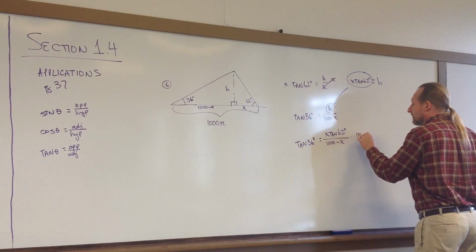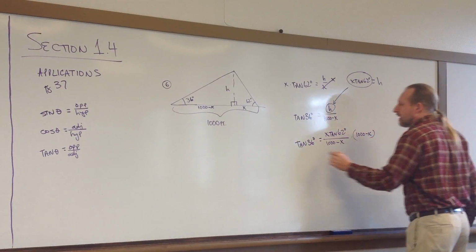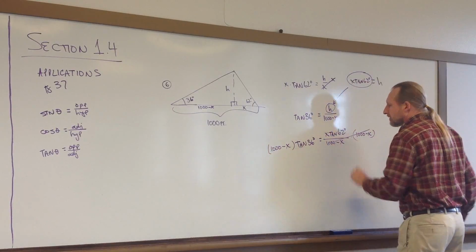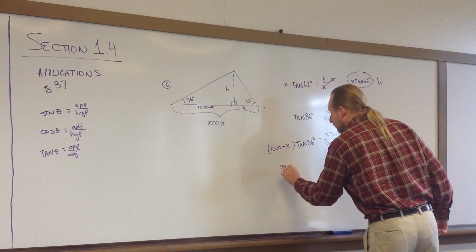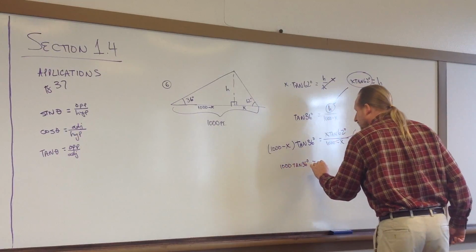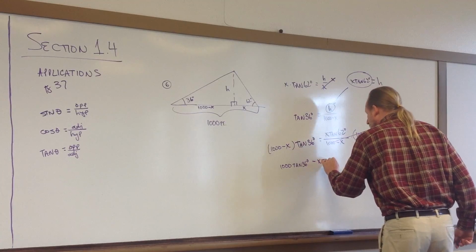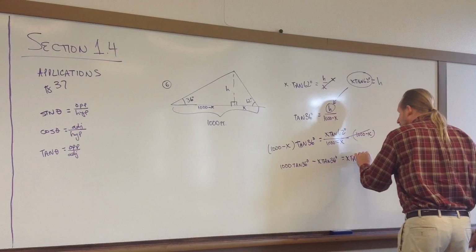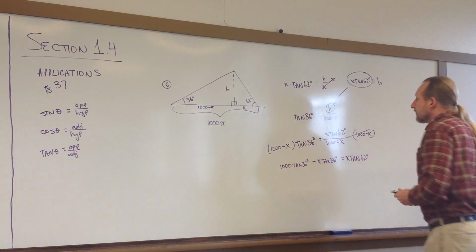Now let's clear out this denominator, multiply on both sides by 1,000 minus x. So this is 1,000 times the tangent of 36 minus x times the tangent of 36 degrees equals x times the tangent of 62 degrees.